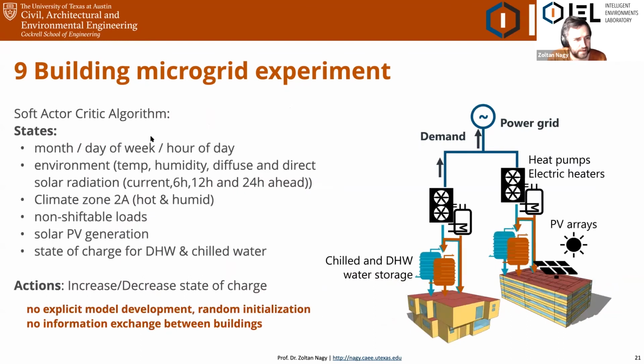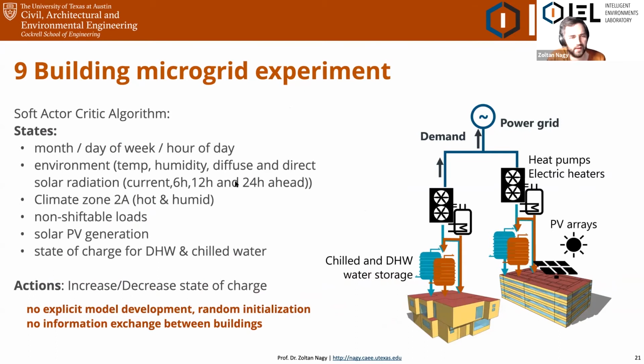In this particular example, we're looking at climate zone 2A, which is hot and humid. I think it's Louisiana we're running here, but it would be just as good to think about it in local terms here in Austin. If you're wondering what goes into it, things like month of the year, day of the week, hour of the day, and the environment, so things like the outdoor temperature, diffuse radiation, direct radiation, some forecast.